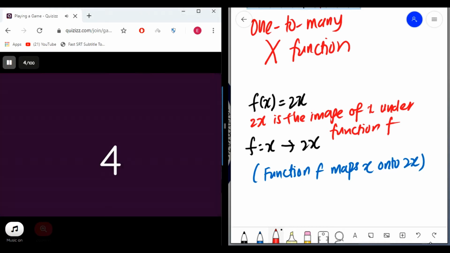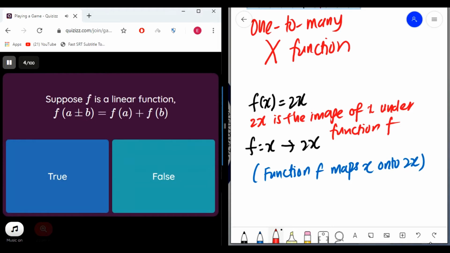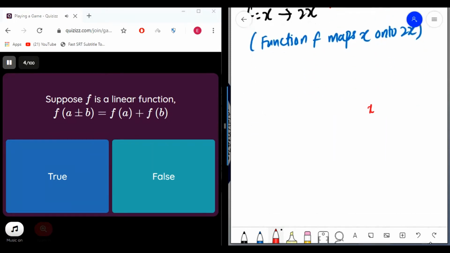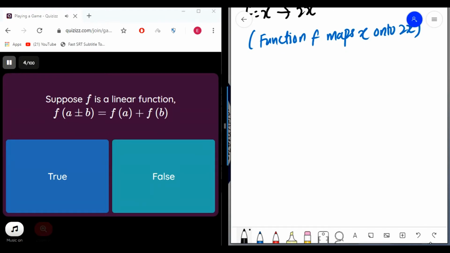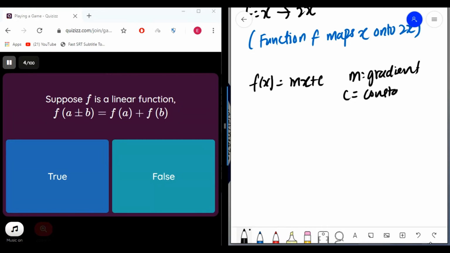Number 4. Suppose f is a linear function. f(a ± b) = f(a) ± f(b). Okay, I clear some whiteboard. We know that for a linear function, f(x) can be expressed in the form mx + c, where m is the gradient and c is a constant term. It's a constant.